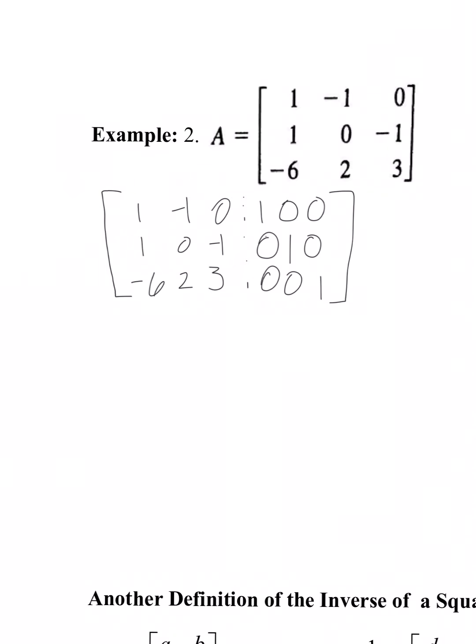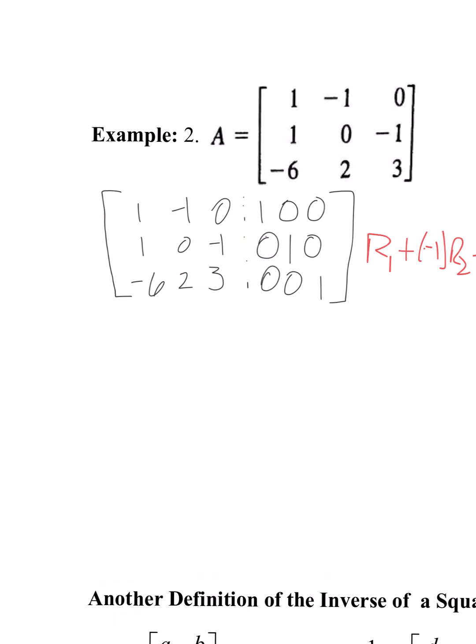So first our goal is to get this to 0 and this to 0. To get this to 0, I'm going to take R1 plus the opposite of R2. So R1 plus negative 1 times R2.